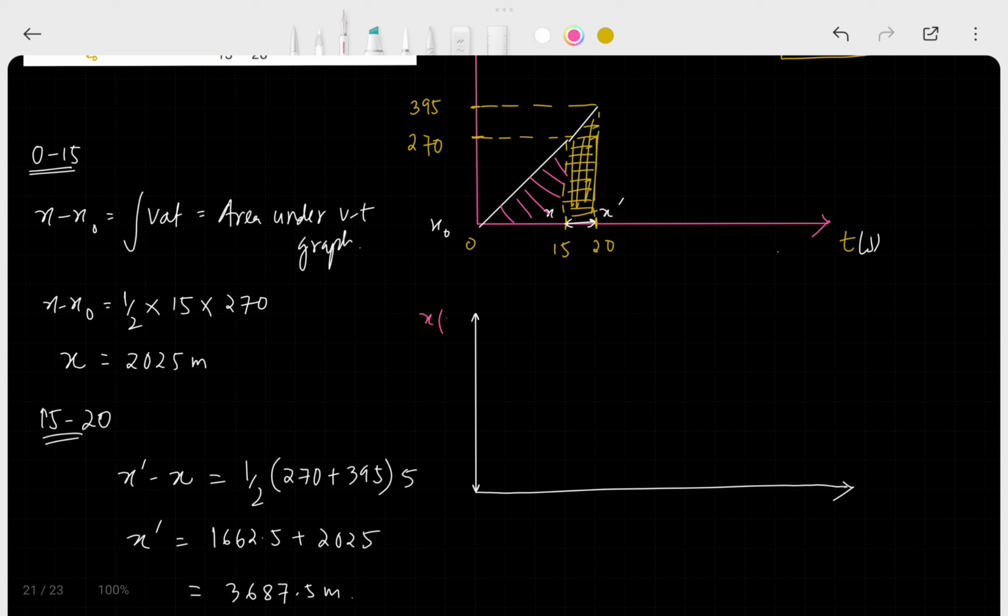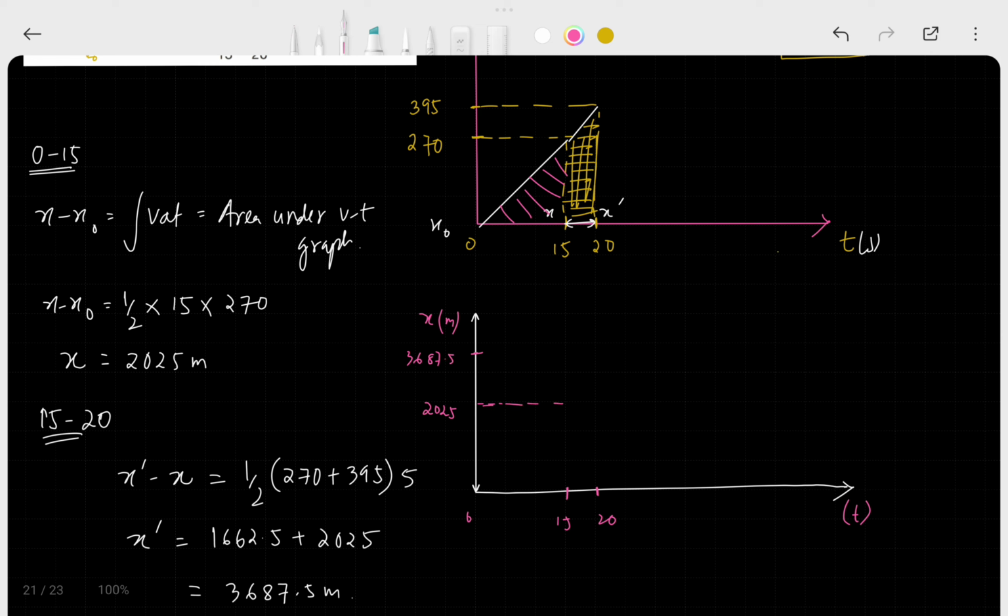Okay. So now we will plot the displacement time graph. This is 15 seconds, this is 20 seconds, and this is 0 second. Here x is 2025 and 3687.5.